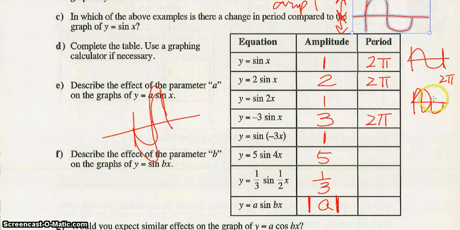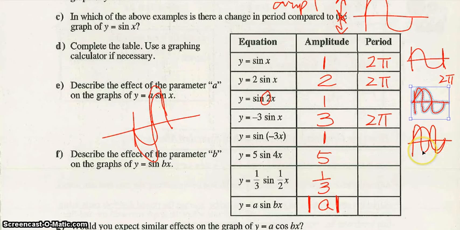If this is 1 cycle, now you can fit 2 cycles there. So this 2 tells you how many cycles you can fit in 2 pi. What is the period of each cycle? It will be 2 pi divided by 2, so it will be pi.